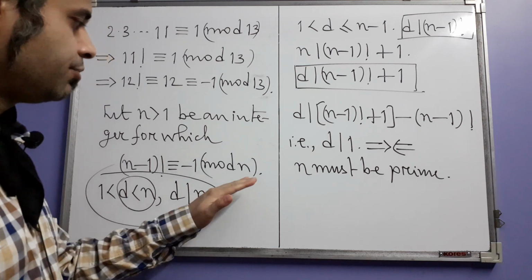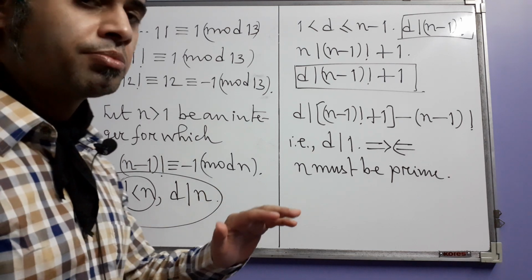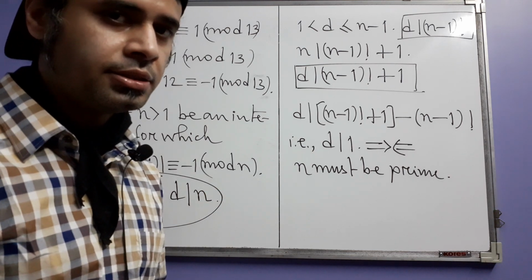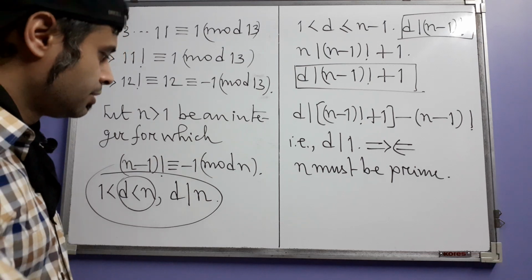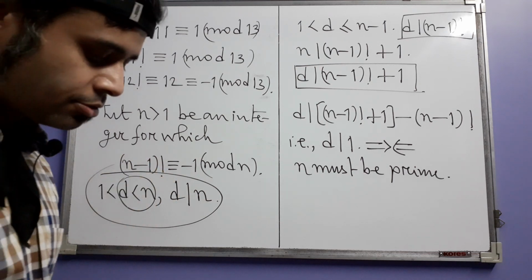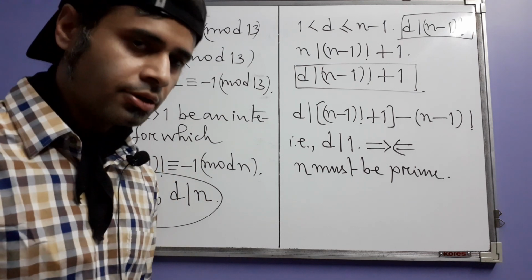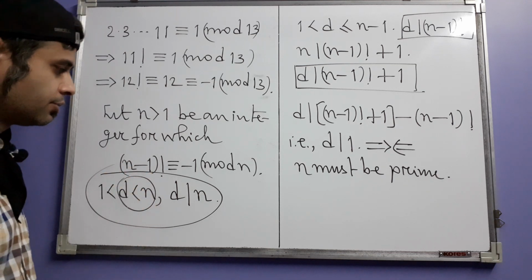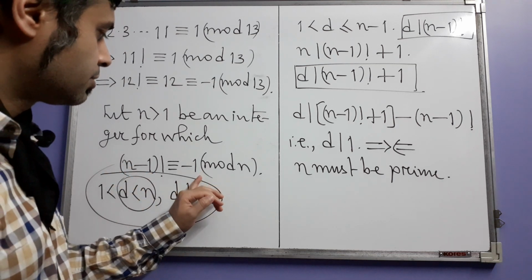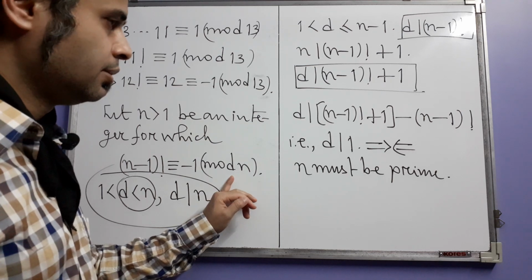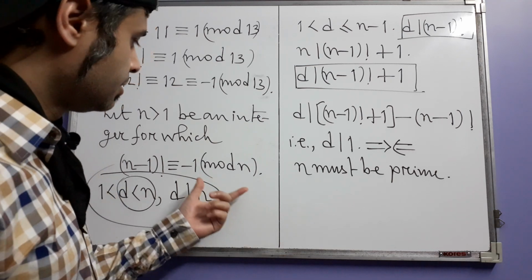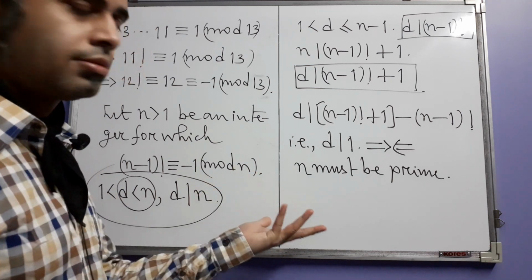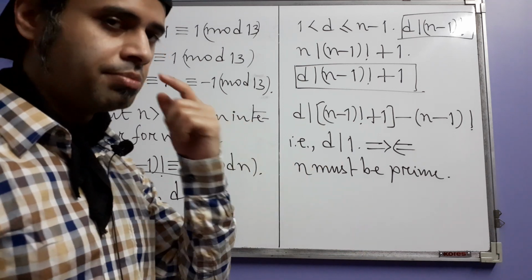Now it seems like we have got a test for primality of an integer that's greater than 1. You have some n and you want to check if it's prime or not. What you do, you calculate n minus 1 factorial and see if it's congruent to minus 1 mod n. If it is, then by this converse n will be prime.